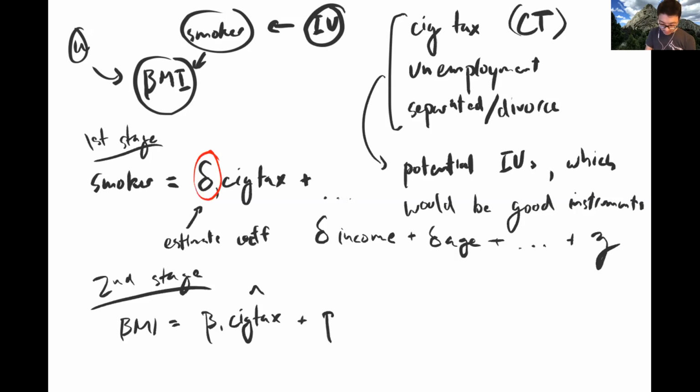And then everything else will be the same. So beta 2 income plus beta 3 age, and so on and so forth.